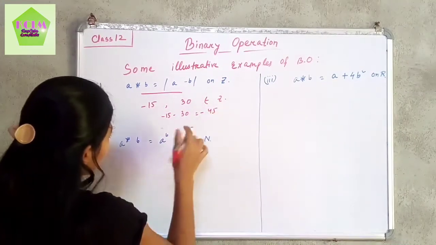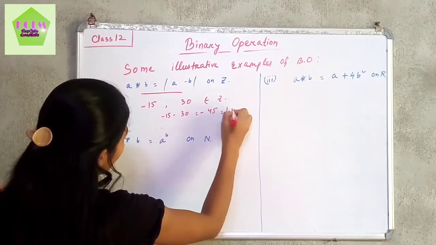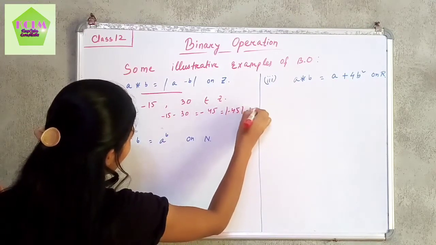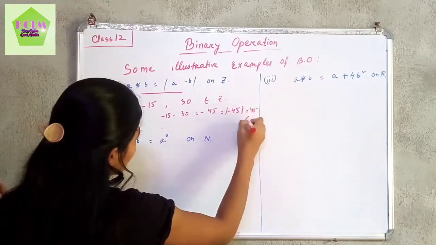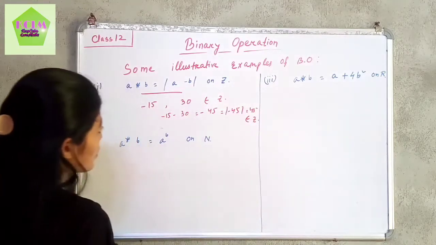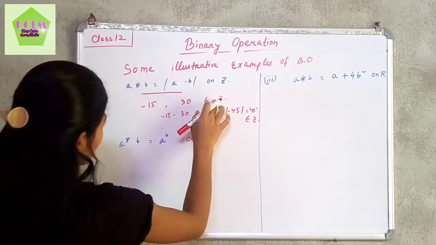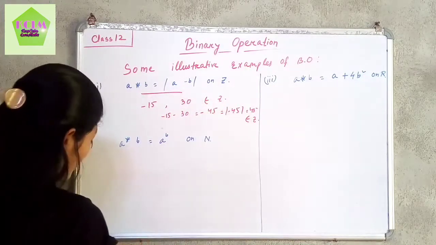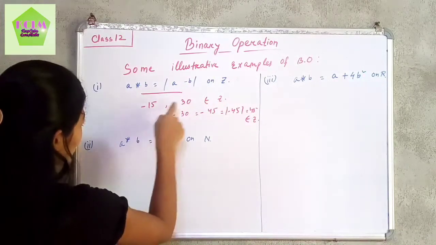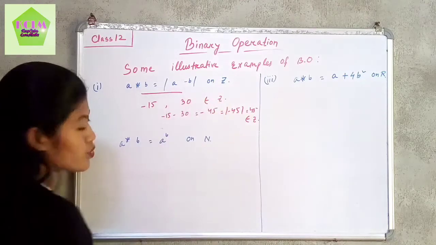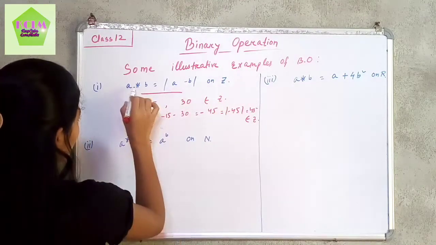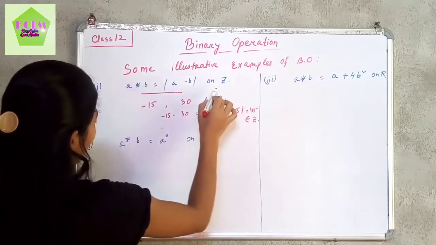And now the modulus of minus 45 is 45, and 45 is an integer. So that means for any two elements in the set, the binary operation of these two elements belongs to the set also. Therefore, star is a binary operation on Z.